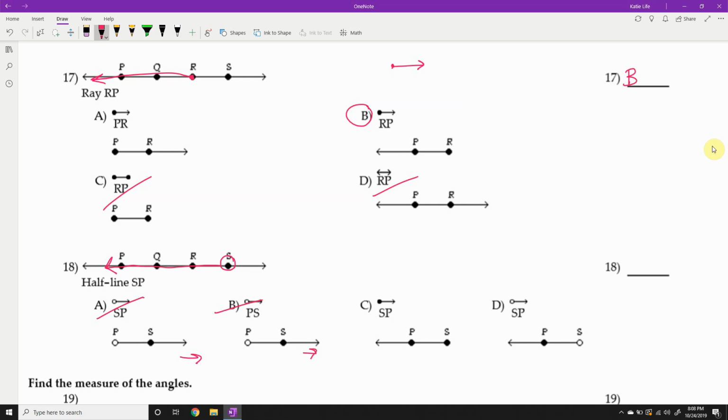Between the symbolism for options C and D, we have to go with D because, again, the half line does not include that initial starting point, so it's got to be an open circle at S. So 18 must be D.